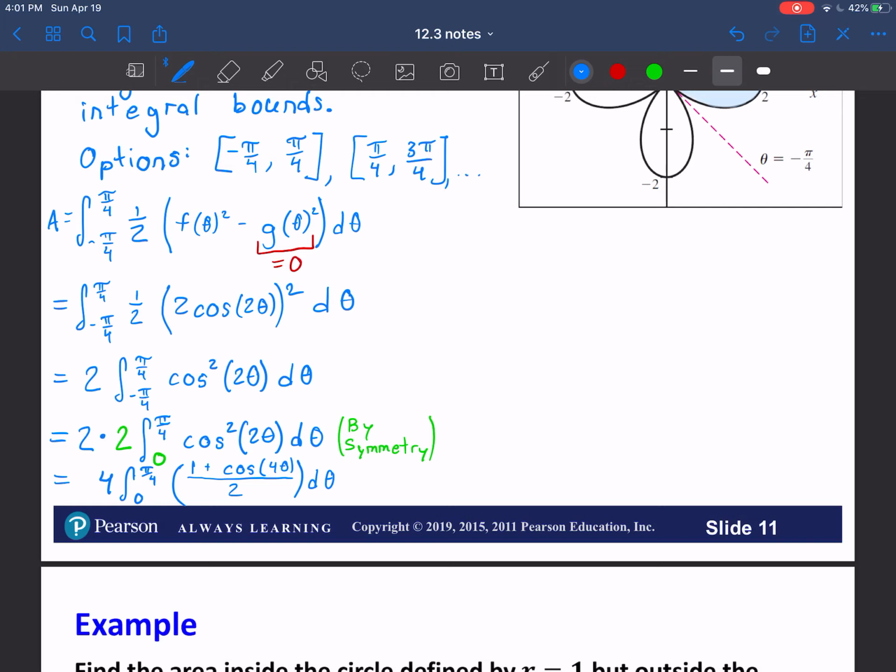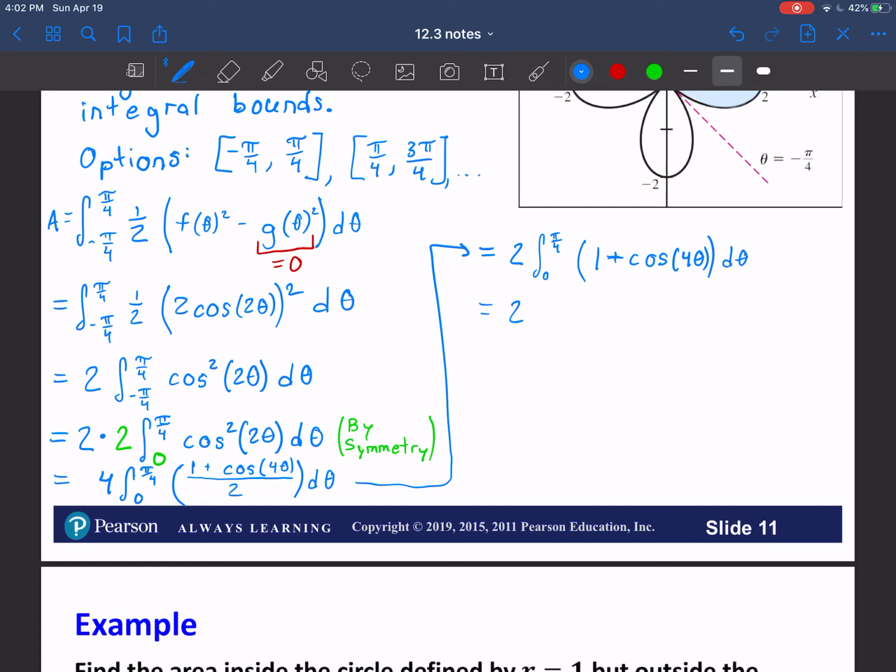And if we continue this calculation, we can bring that 1/2 out front, so we're going to get 2 times the integral from 0 to pi over 4 of 1 plus cosine 4 theta d theta, and we can integrate this.